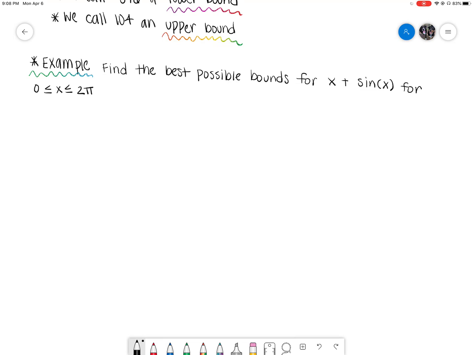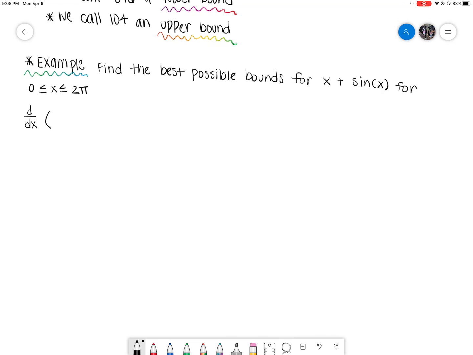Well, we know that this means we're going to need to find the minima and maxima, and we know that mins and maxes happen at either the endpoints or the critical points. So first we need to find critical points. To find critical points, we need to take a derivative.